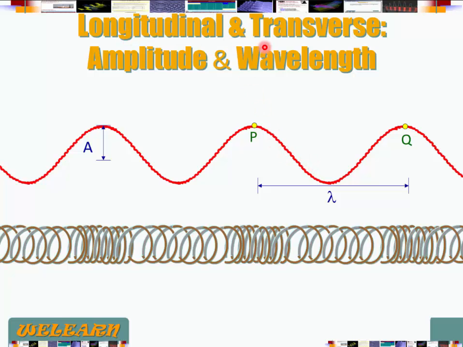For a longitudinal wave, we are also going to have an amplitude, but in this case, it's going to be represented by how much the medium is compressed. In this case, we see a spring. The amount by which the spring is compressed is measuring for us the amplitude. The amount by which it is stretched is also going to measure for us the amplitude.